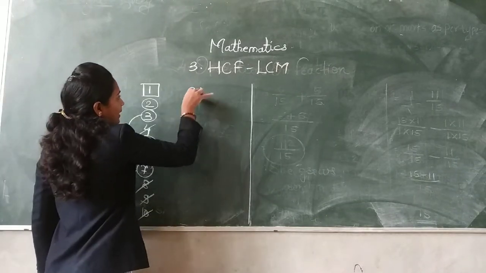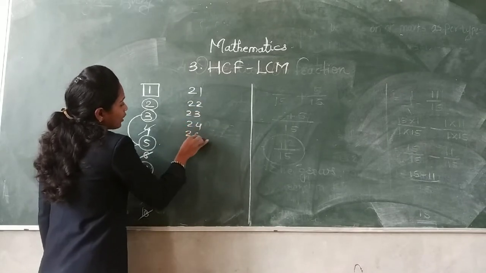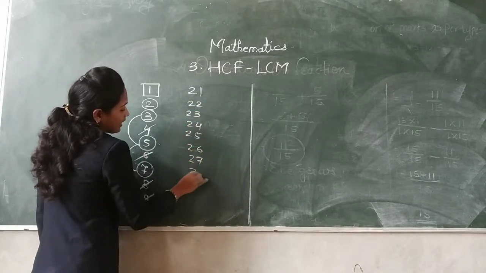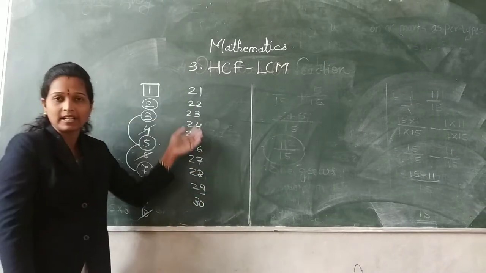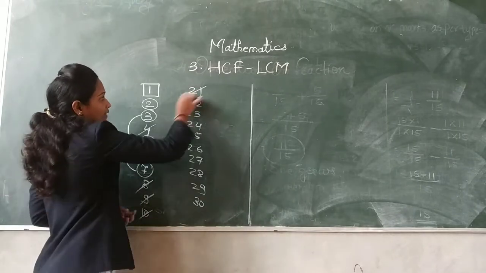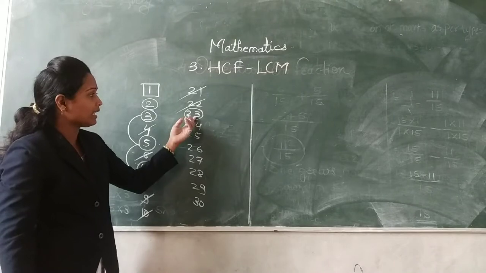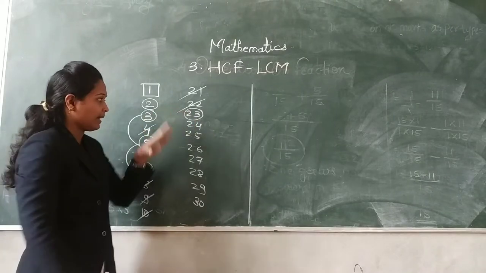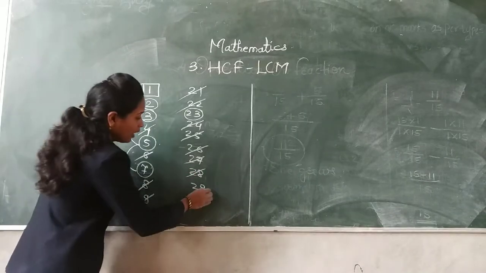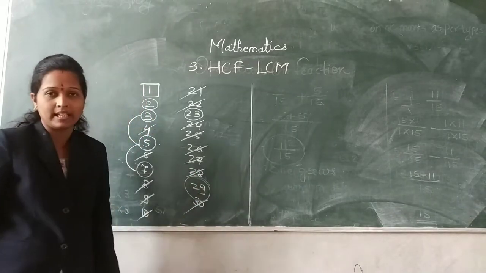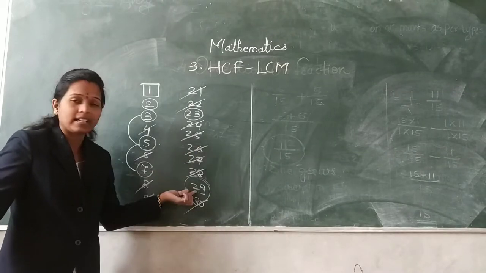Now observe the numbers after 21: 22, 23, 24, 25, 26, 27, 28, 29 and 30. You can write this line in your notebook also. So 21 is composite, 22 composite, 23 prime because 23 occurs in the table of 1 and 23. 24, 25, 26, 27, 28 are composite numbers. 29 is a prime number and 30 is composite, because 29 occurs in the table of 1 and 29 itself.